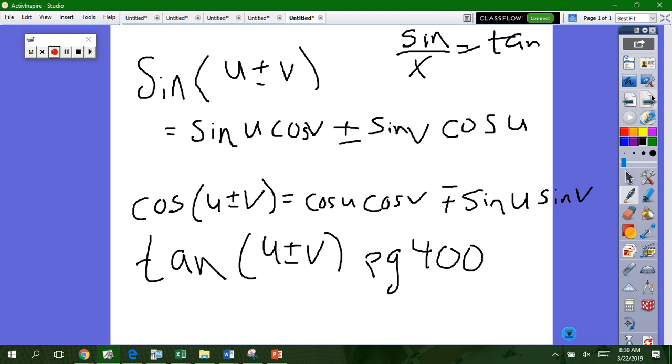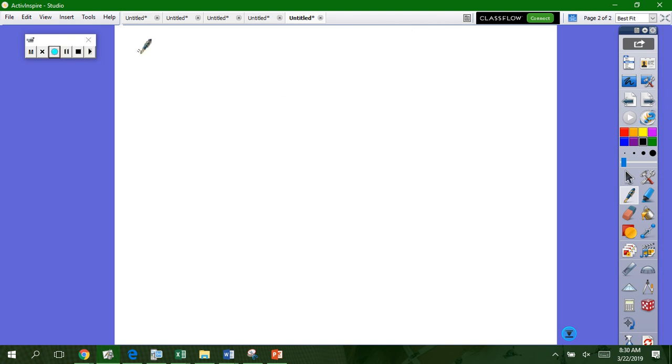Good question, Megan. So let's go ahead, and I want us to find the cosine of 75 degrees. So is 75 degrees one of our unit circle angles? No. But are there two angles in my unit circle that add or subtract to become 75? Sure, 30 plus 45, huh?